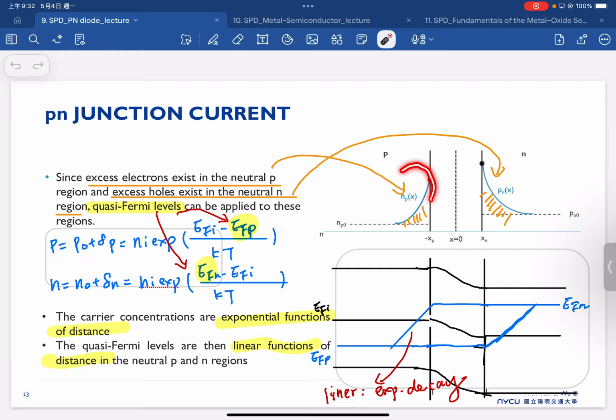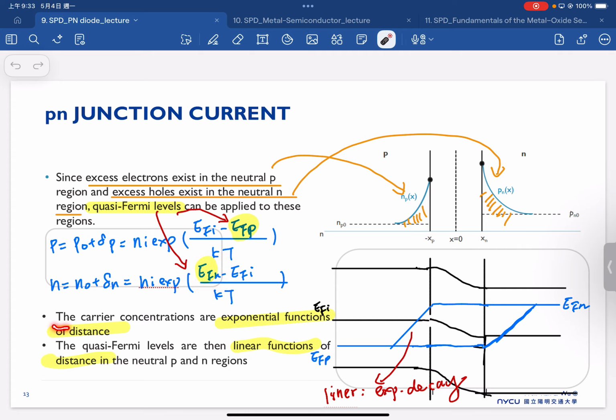The total hole concentration can be considered as P0 plus this excess hole carrier, which can be expressed by this with the quasi-Fermi level. Similarly, the total electrons can be expressed with the quasi-Fermi level as shown here.